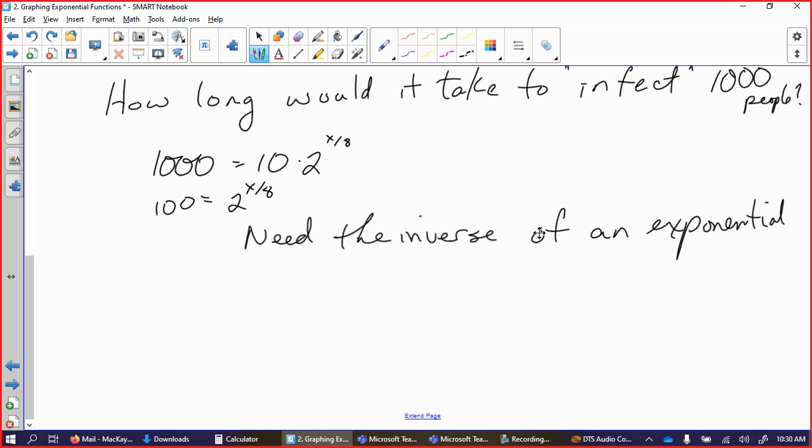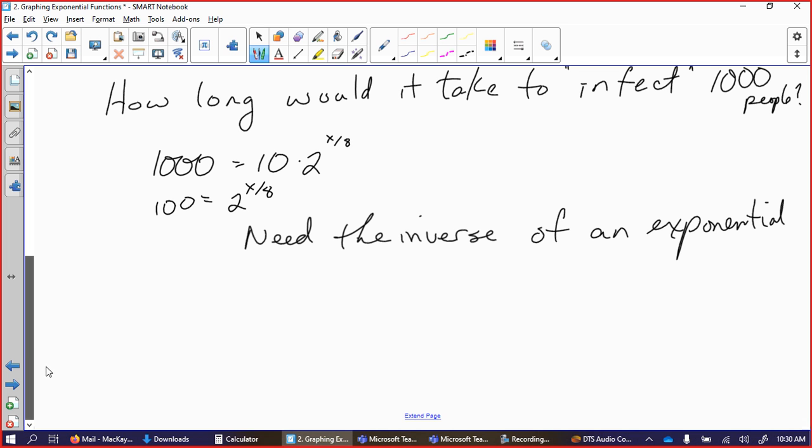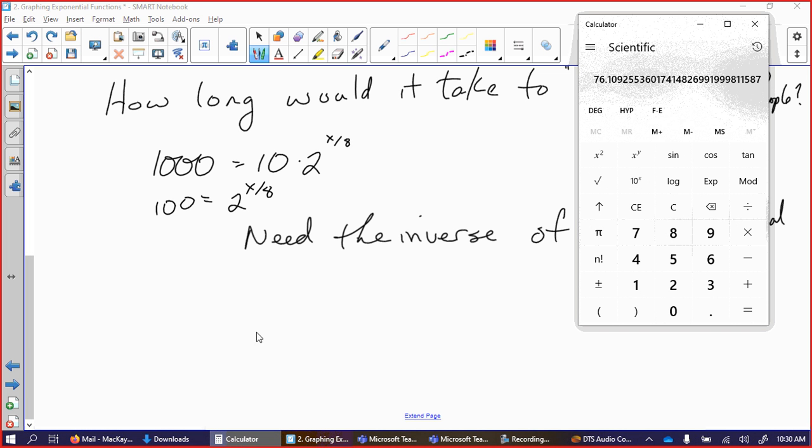You can do this by trial and error. Okay, 61 was 50. I could say 2 to the power of 60, but we're looking for 100 in this case because of how the math worked.